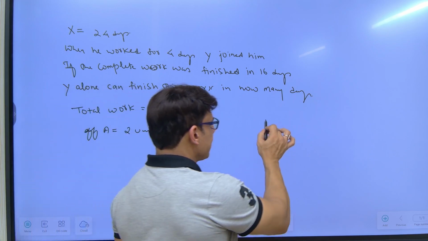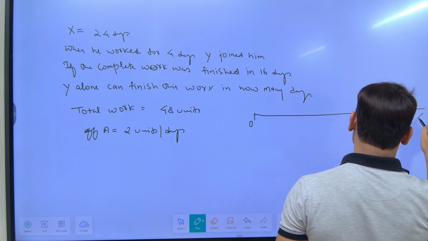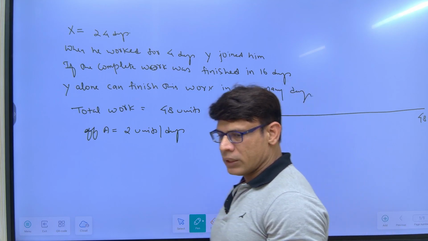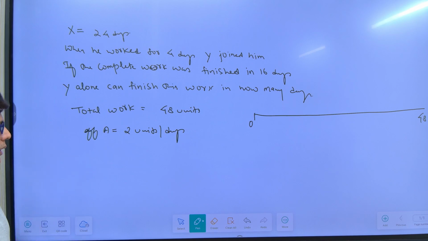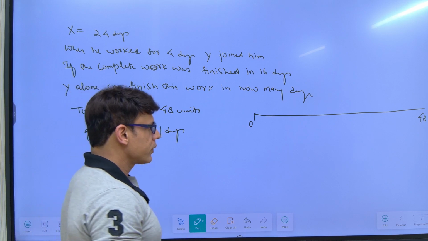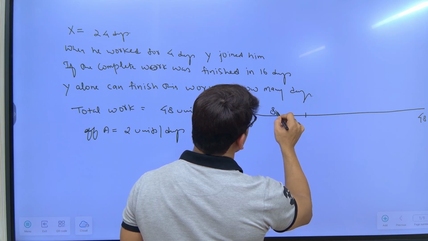Now draw number line. In number line, this is 0 units and this is 48 units. Now initially X is working for how many days? 4 days. And what is the efficiency of X? 2 units per day. So how much work will he finish? 8 units.